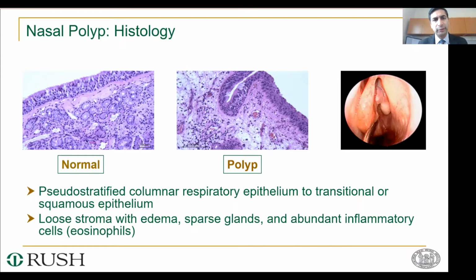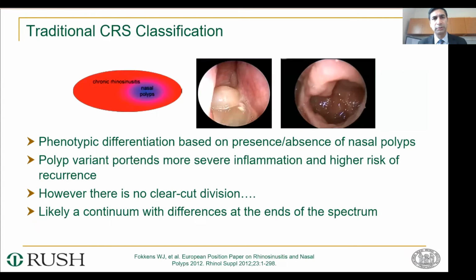You see this very loose stroma with edema. The glands are much more sparse, and there's abundant inflammatory cells. You see all of these eosinophils within the submucosa. And throughout this portion here, I will continue to show you multiple histologic examples of this with key histologic features.